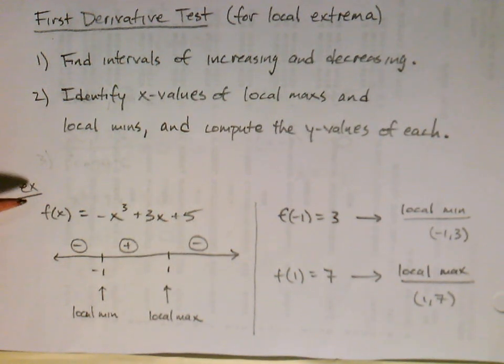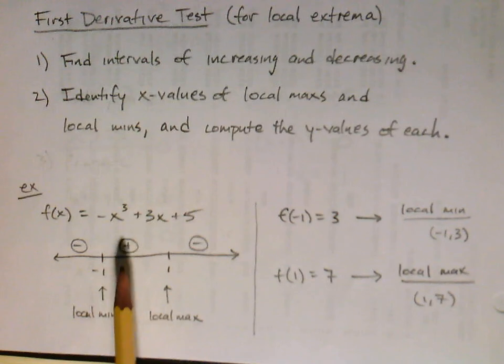If you remember that first example, f of x equals negative x to the third plus 3x plus 5. We got to this domain line with these positives and negatives. The criticals were at -1 and +1, and it went negative, positive, negative. So we knew the interval of increasing was there in the middle, and the intervals of decreasing there on the sides.